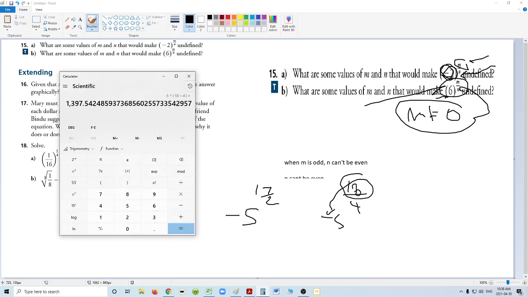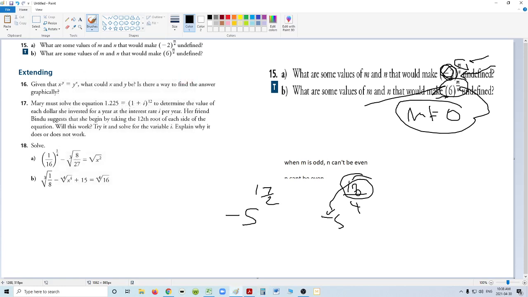Yeah, so it does work. So when there's an even number up here, it's okay to take a square root because this even number can make that positive. So this is a possible solution. So this was a correct way of expressing it. When m is odd, n can't be even.